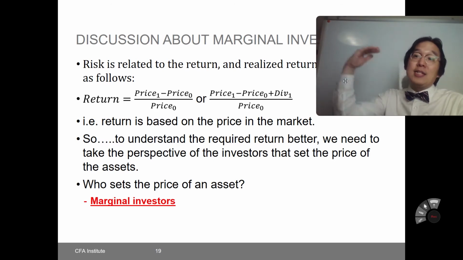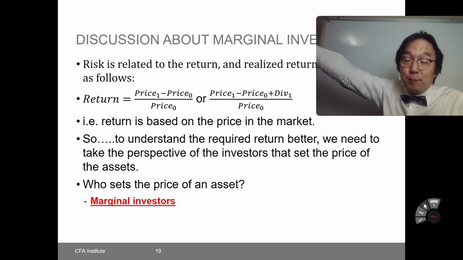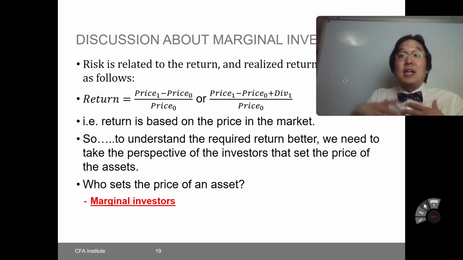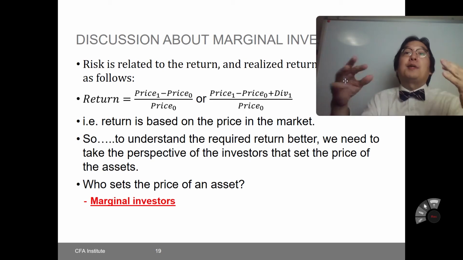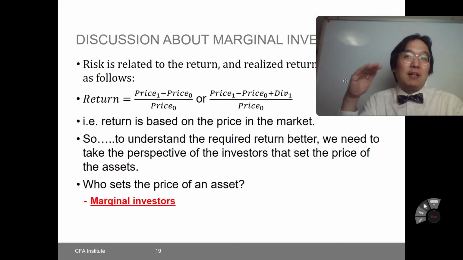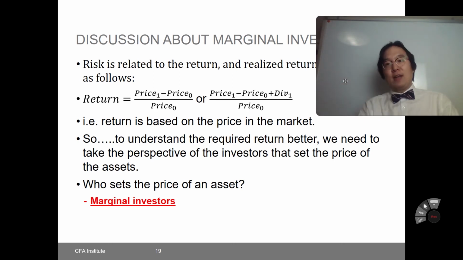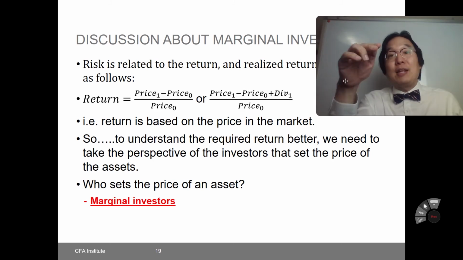Whatever price they set, we're just taking it as passive guys, right? But we're talking about the price setters who are setting those prices, okay? And we're going to take their perspective, okay? Why? Because the returns, all those things are based on the price set by those investors.